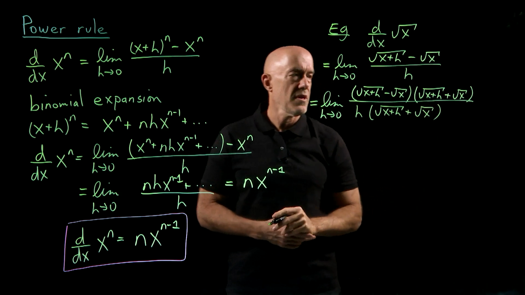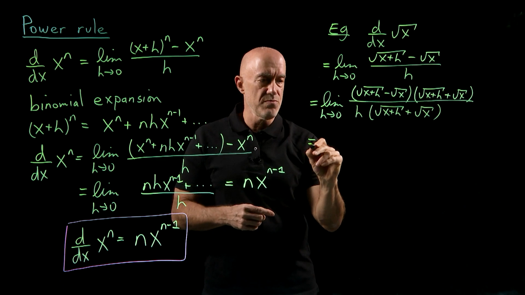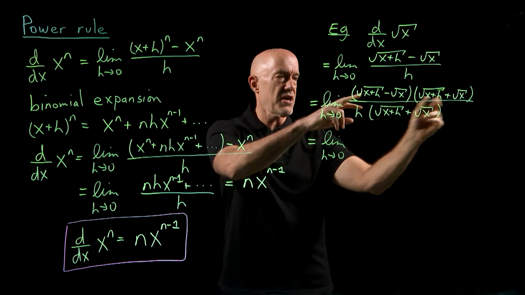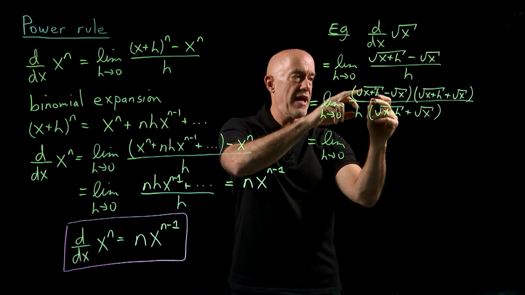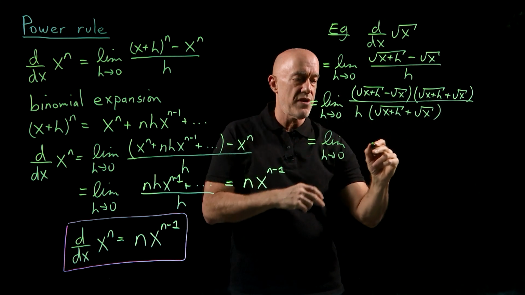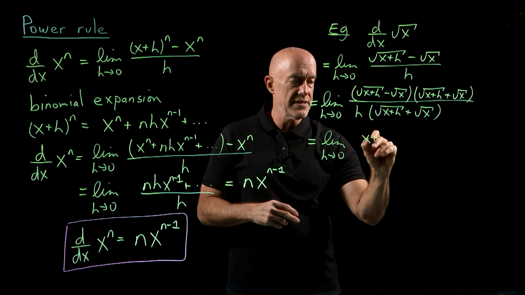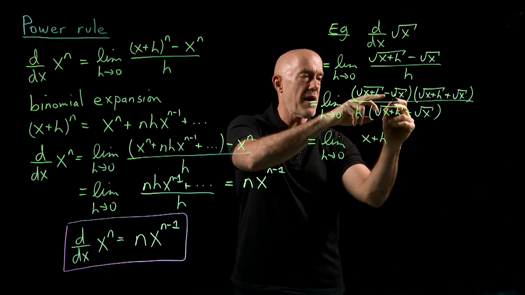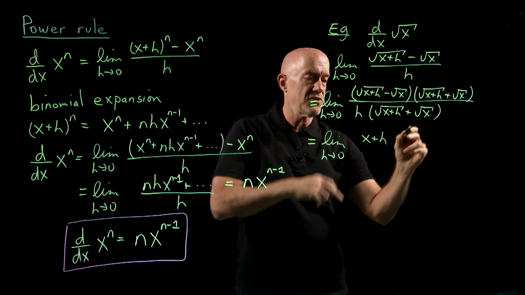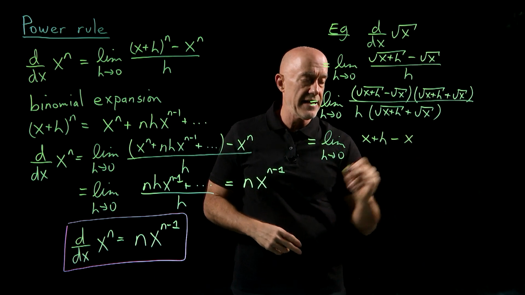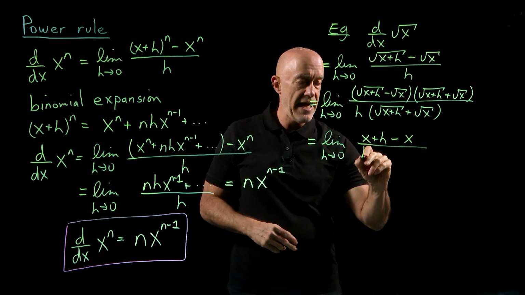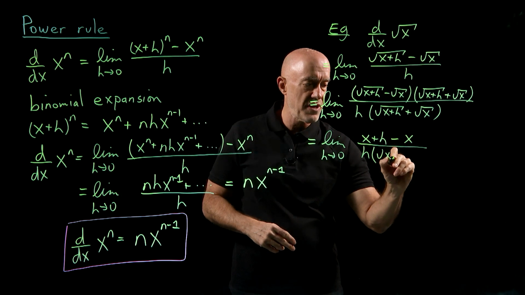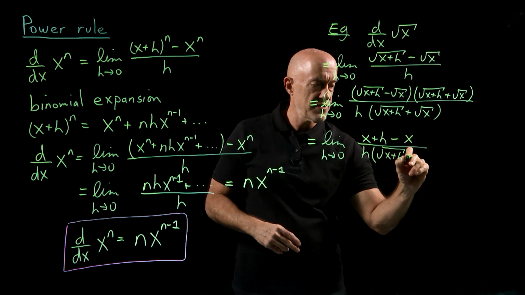And then if we multiply the numerator, the cross term cancels by design. We would have the square root of x plus h times the square root of x plus h, which is x plus h, and then minus the square root of x times the square root of x, which is minus x, over h times the denominator, which is root (x plus h) plus root x.